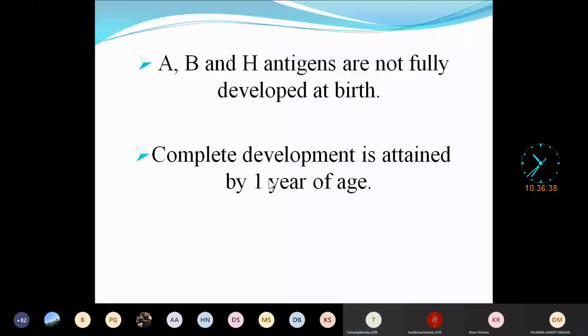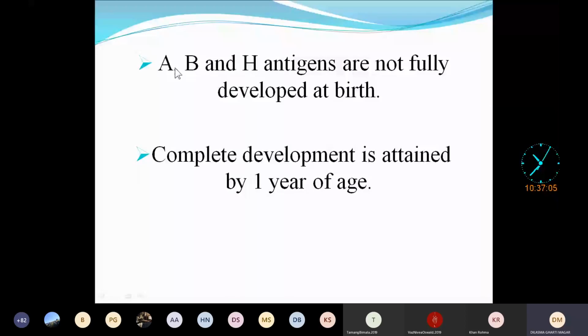Yes, ma'am. Actually, here what happens, this H antigen will produce the A antigen, and this H antigen will produce the B antigen, and this H antigen itself will remain in the blood. Understood here? H antigen acts as a precursor, giving rise to the A antigen and also the B antigen.